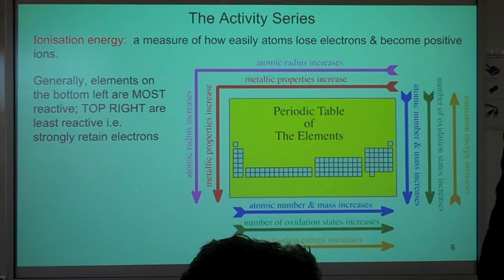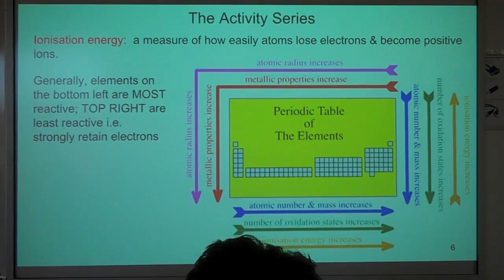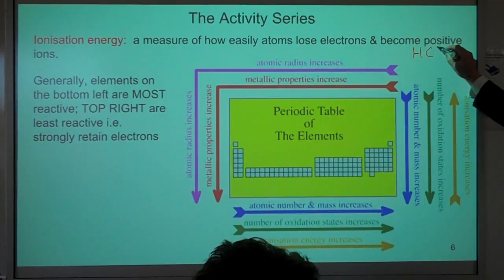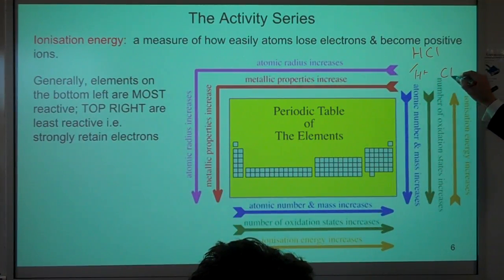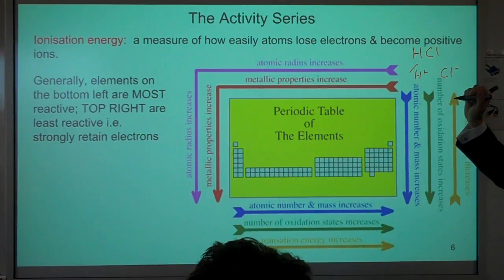Isn't that what an acid is? Isn't an acid from year 9 basically a proton donor, or it has H plus ions in solution? That is effectively it. Hydrogen in HCl in solution is hydrogen ions and chloride ions. Okay?